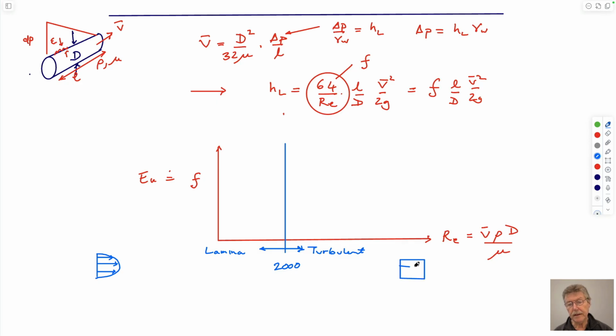What is happening is that along the boundary of the pipe, you get a boundary layer flow. I'm going to go off on a side tangent. We satisfy Newton's law of viscosity.